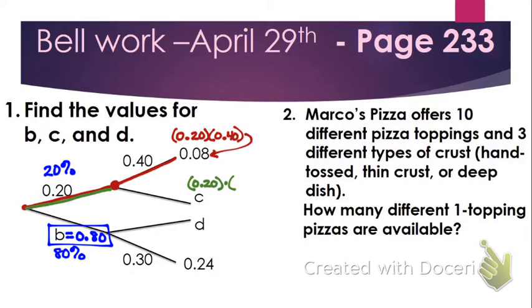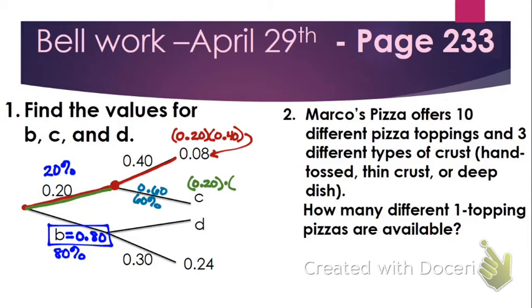How do I find the probability of this? Standing right here, I have to make a decision, and I'm either going to go this way or this way. What's the chance we went this way? 40%. So what's the chance we chose the other way? 60%. This one down here would be 0.60 or 60%.